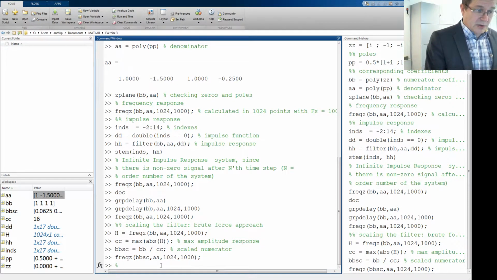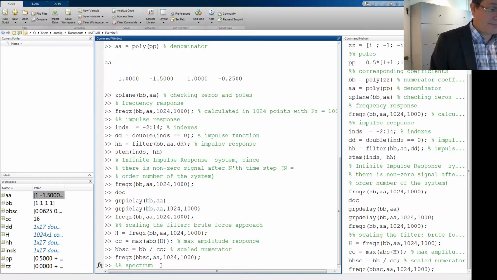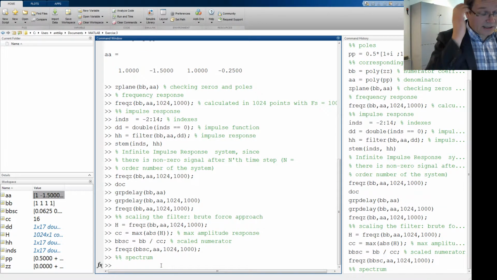Let me first produce a signal and some noise on it. Spectrum. Signal, for example, okay. Sampling rate. I want to use that as a sampling rate.